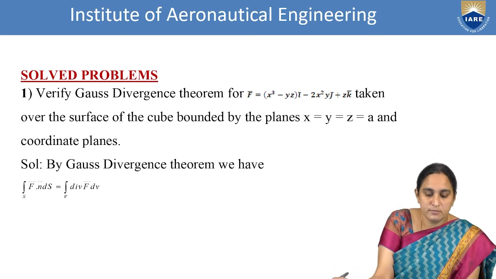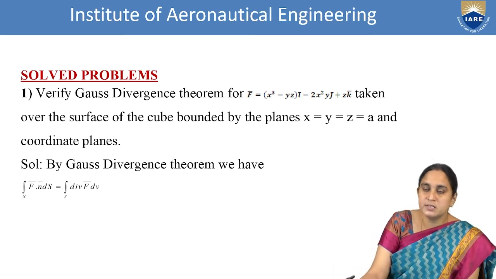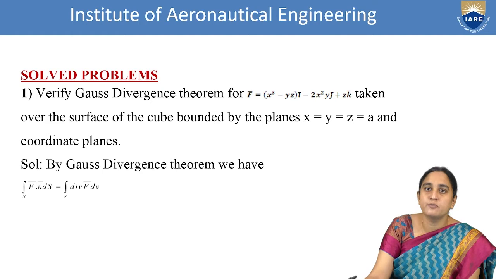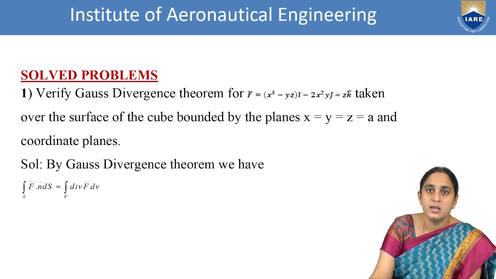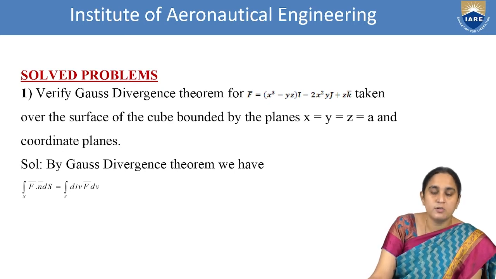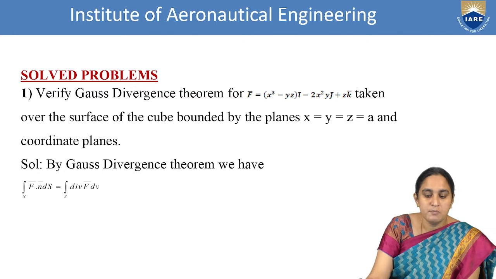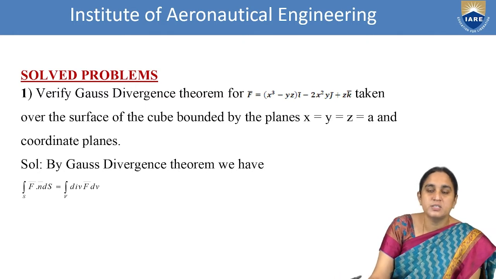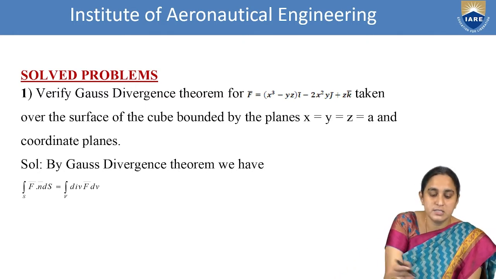We have to verify the given function f bar over the surface of the cube bounded by the planes. What are the planes here? x is equal to y is equal to z is equal to a, along with the coordinate planes, right?